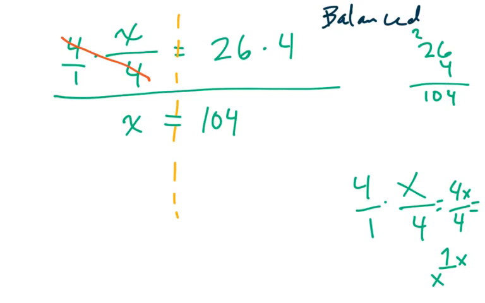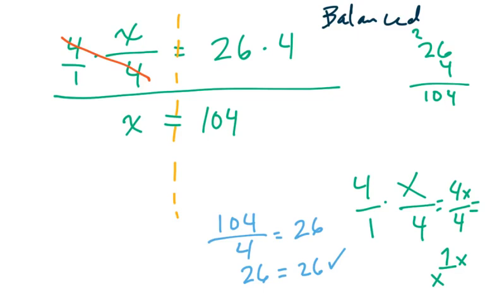So I think that x is 104, so I'm going to put 104 divided by 4 equals 26. And I'm going to put equals 26, and then I'm going to get my calculator out, and I'm going to do 104 divided by 4, and it will come out to be 26, and that checks.